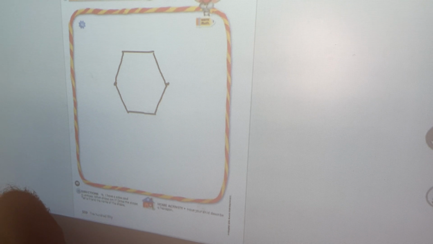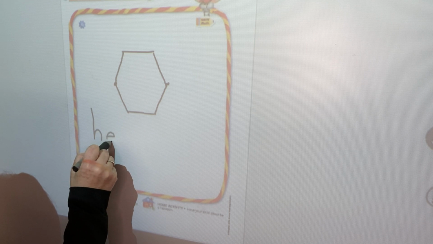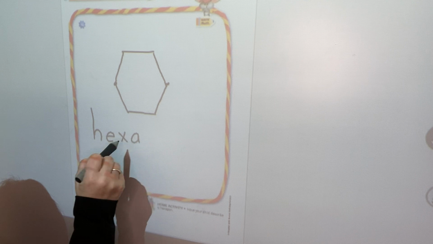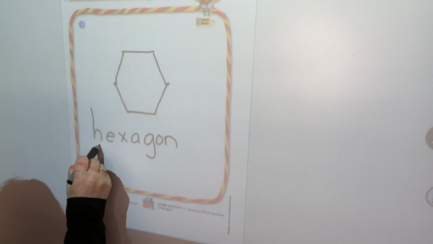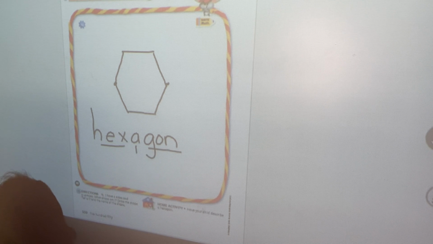What is it? It's a hexagon. Let's spell it. Hex. A. Gone. Hexagon. Got it?